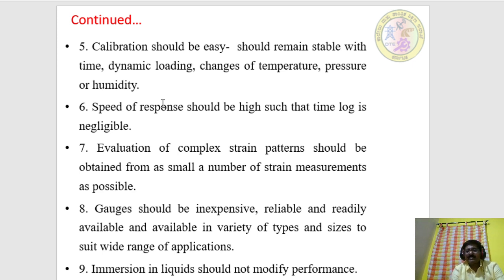Gauges should be inexpensive, reliable and readily available, in a variety of types and sizes to suit a wide range of applications. Immersion in liquids should not modify the performance.